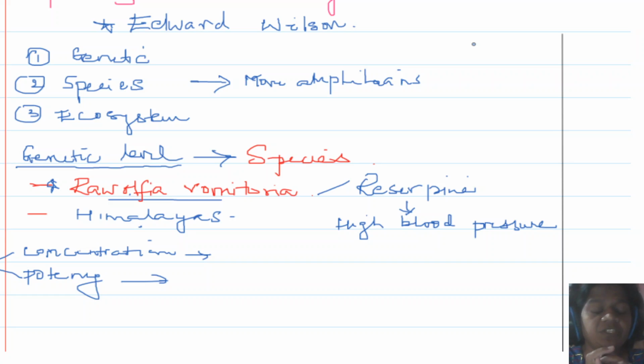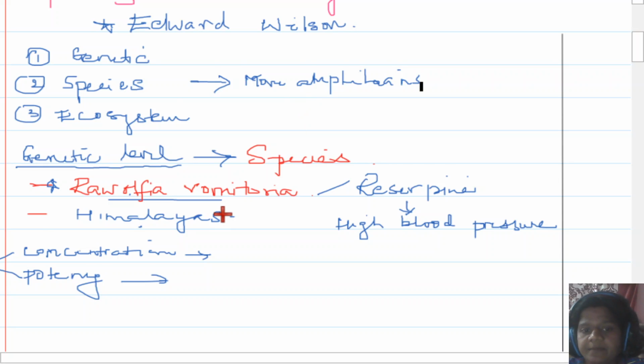At the ecosystem level, not all continents or regions have the same kind of ecosystem. In the tropical regions, we have different climates, and so different kinds of ecosystems, from coral reefs to deserts. So these are the three, remember.